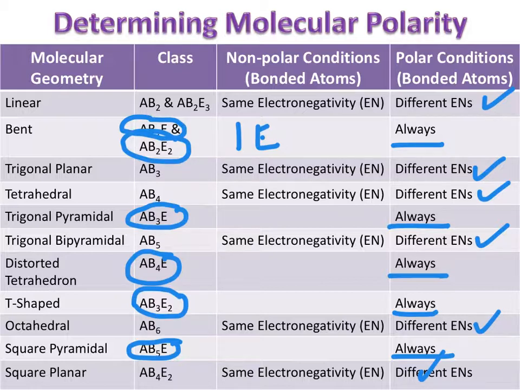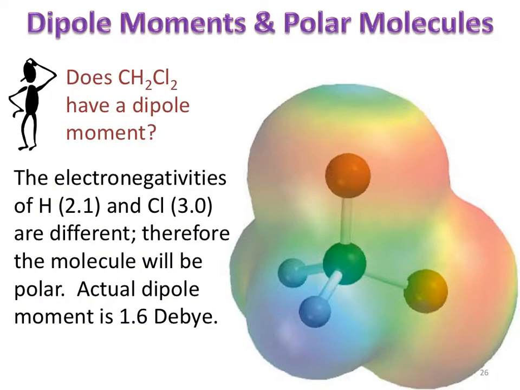Well, let's look at it a little bit. This is dichloromethane, CH2Cl2. Does it have a dipole moment? Is it a polar molecule? Initially, you might think that the polarity of the bonds would balance each other out, but you have to remember this is a three-dimensional molecule, and if I have different electronegativities on the bonded atoms, then I will have some measure of polarity.